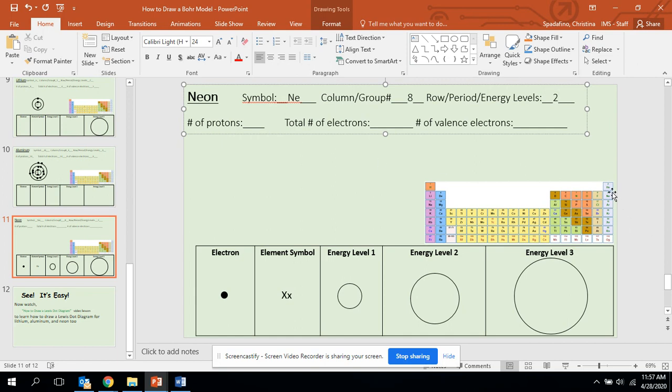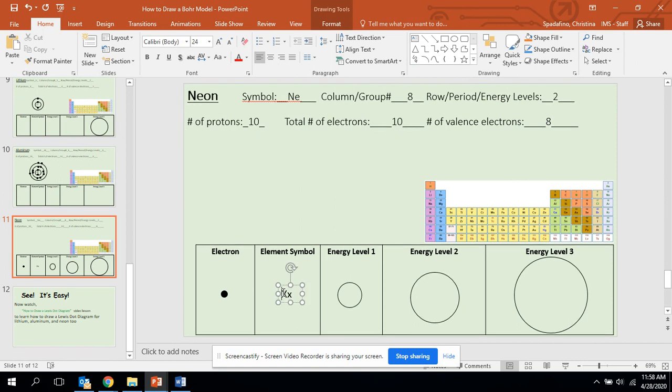Number of protons, so neon's atomic number is 10, therefore its number of protons is 10, and that means the number of electrons is also 10. Number of valence electrons, so it's in column 8, which tells us that it has 8 valence electrons.